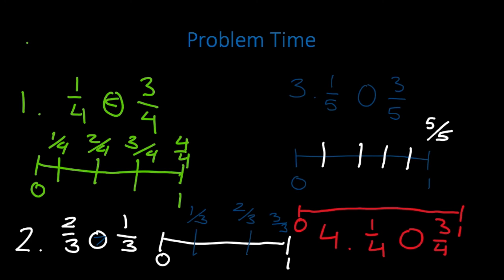Now 1/5 would be right here, 2/5, 3/5, 4/5, and then 5/5. Now 3/5 is bigger than 1/5 because we already know the numerator 3 is bigger than the numerator 1, and it's closest to the total. So it would be bigger. Sorry, that does not look like a sign, that looks like a mouth. Let's do it right here.